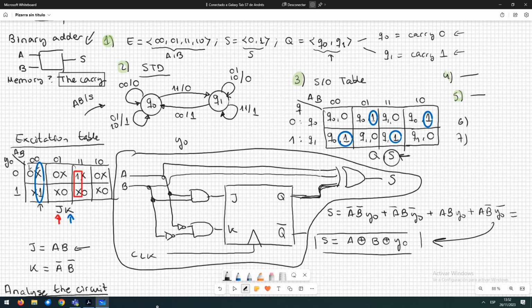So just be careful with this, because we always have to insert the clock signal into the bistable to make it work. Sorry, because I forgot this, and it's quite important. And you have to use here the symbol that corresponds to the kind of clock you have.